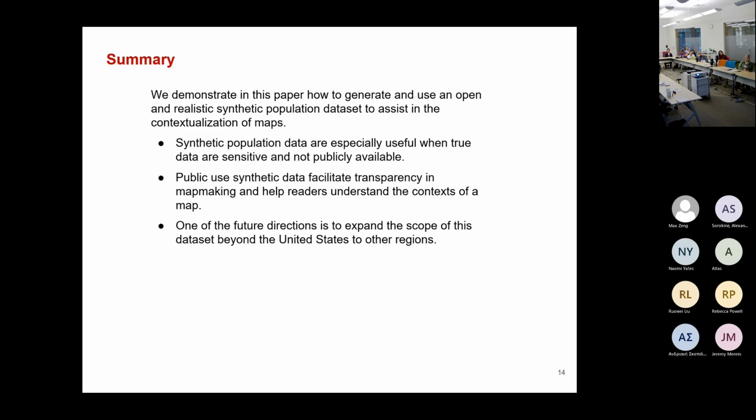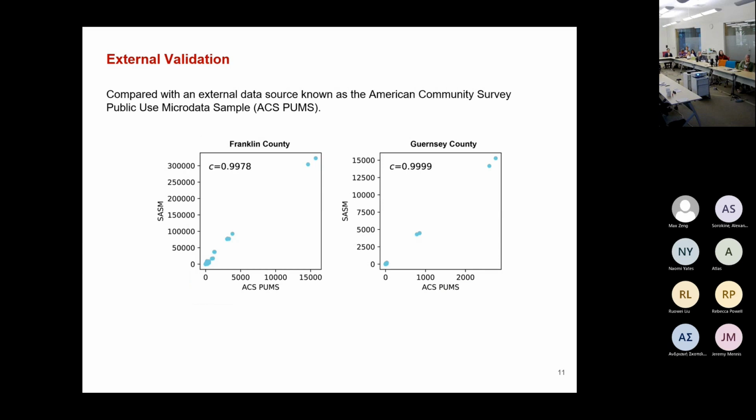And for the second question, how did you validate your algorithm was effective without the individual level data? Yeah, so we actually have external validation here. If you look at the ACS PUMS data, it is a sample from the census microdata, so it is a sample of the real population.